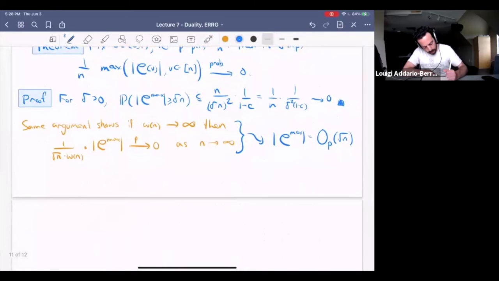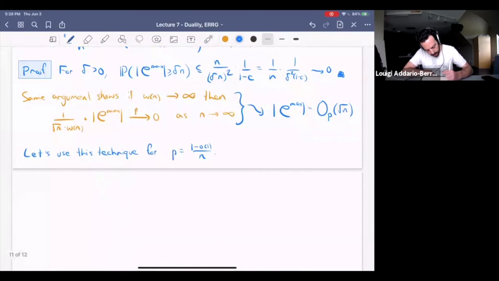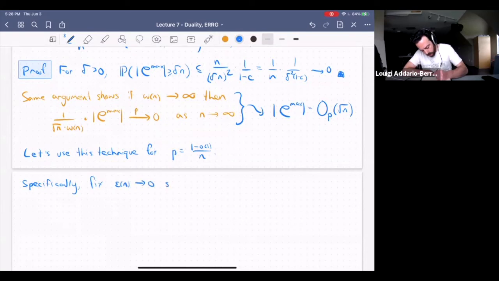So let's use this technique for p being (1 minus little o(1)) over n. Specifically, let's fix a function epsilon_n tending to 0, and I'll need it to not tend to 0 so fast.